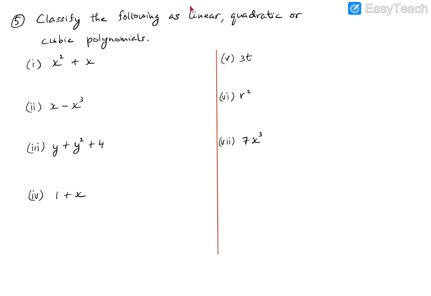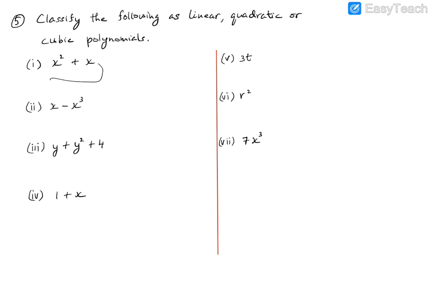A polynomial is a linear polynomial if its degree is equal to 1. If the degree of the polynomial is 2, we call it a quadratic polynomial, and if the degree is 3, we call it a cubic polynomial. With that definition, we can clearly classify each of these as being linear, quadratic, or cubic. And by the way, degree is the highest degree of the polynomial.